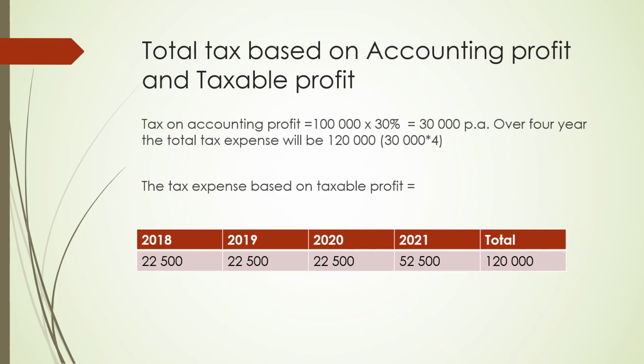That gives us a total tax expense at the end of year 4 of 120,000 over the 4 years. Therefore, you can see how the tax based on accounting profit and the tax based on taxable profit will over time equalize because of the timing differences of depreciation versus wear and tear.